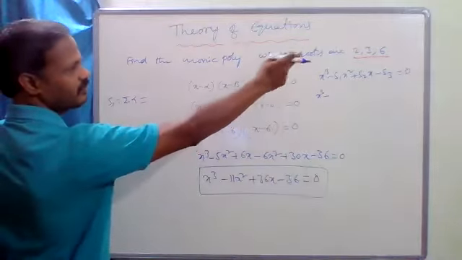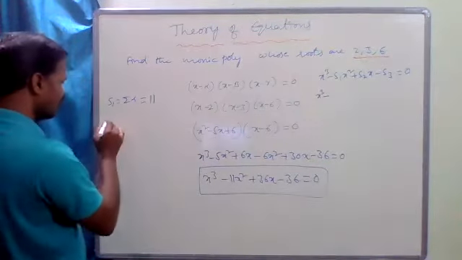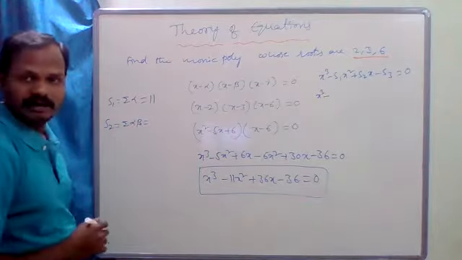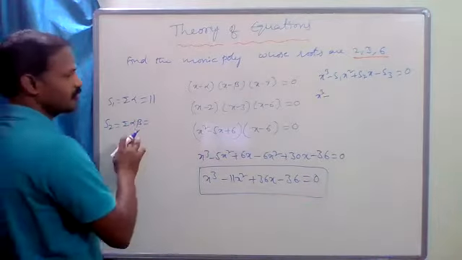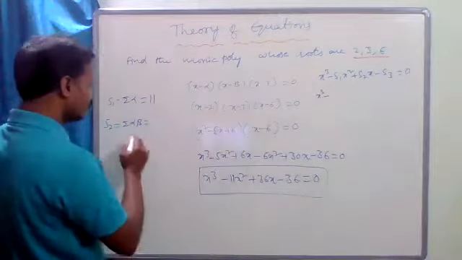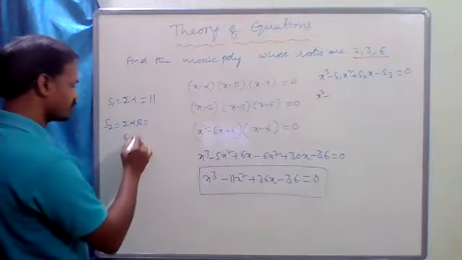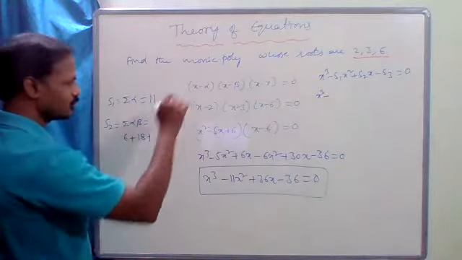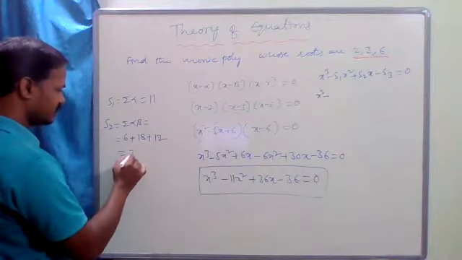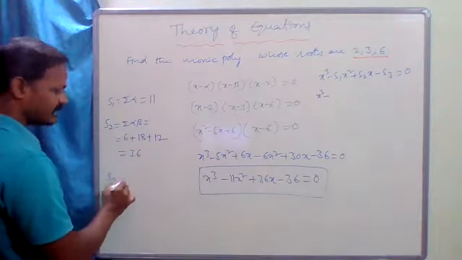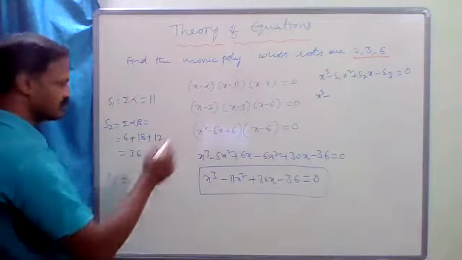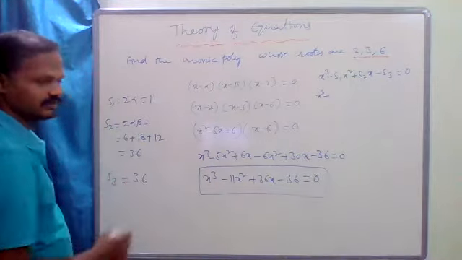So 2 plus 3 is 5, 5 plus 6 is 11. s2 is sigma alpha beta, that is alpha beta plus beta gamma plus gamma alpha, which is 2 into 3, 6, 3 into 6, 18, plus 6 into 2, 12, which is 36. Next s3. s3 means the product of the roots. 2 threes are 6, 6 sixes are 36.